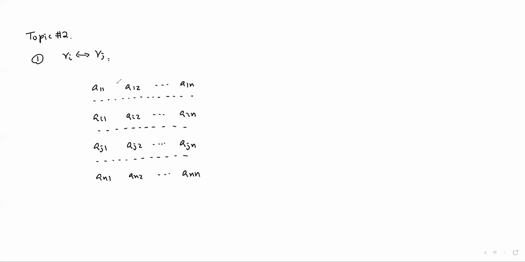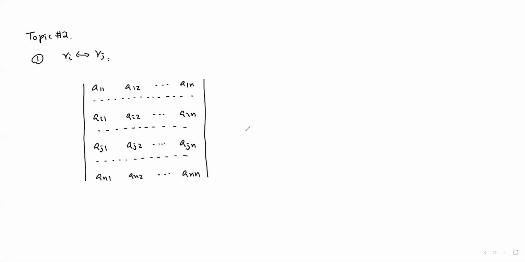This is a matrix. Now I compute its determinant, so I put vertical lines. Don't put square brackets, because square brackets mean a matrix. A determinant is a number.